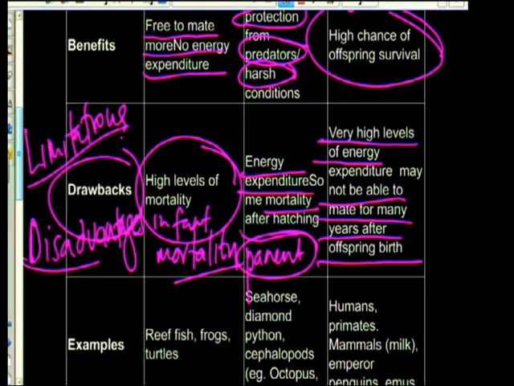That means for many years thereafter, she's taking care of this young one till it can be independent, and therefore this particular organism will not be able to mate, so reproduction becomes slow. And also, she becomes vulnerable because she has to look after these young, and while giving a lot of energy to the young, she herself may be exposed to the harsh environment and the predators around her.